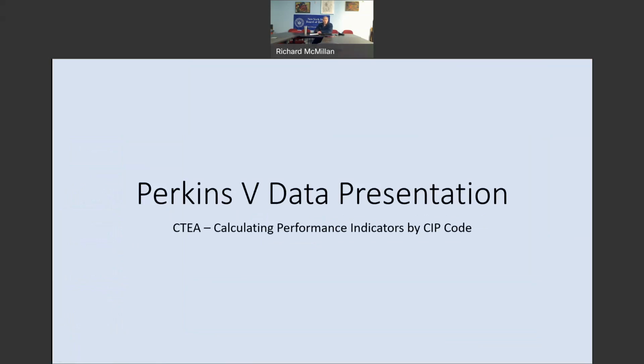And this is for calculating performance indicators by zip code, which is a topic that has been requested to be covered by many data reporters.